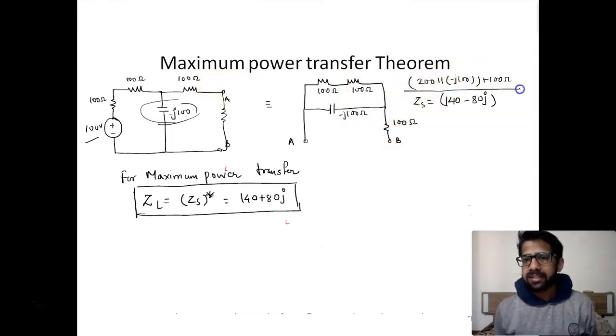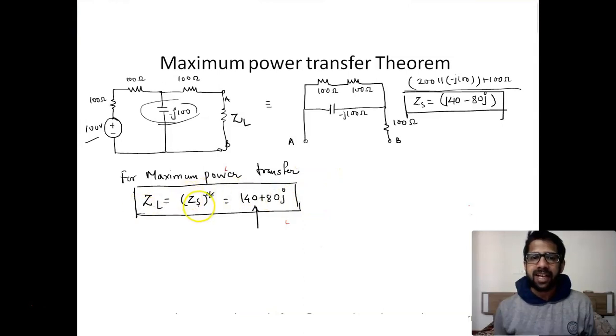If we work this out by calculation, we get the internal resistance ZS equal to 140 minus 80j. Now according to maximum power transfer theorem, for the maximum power to be delivered between A and B, the resistance ZL should be equal to the conjugate of ZS. So it will give 140 plus 80j.